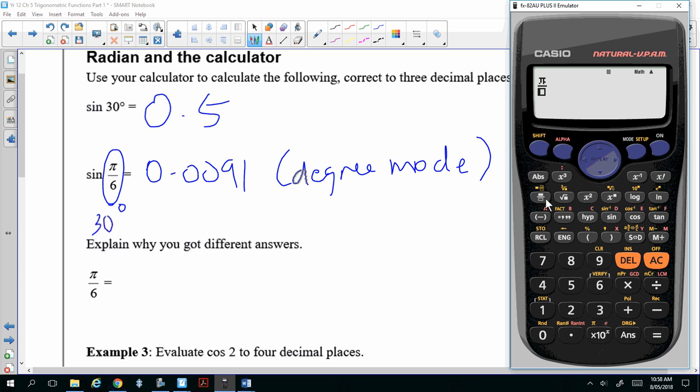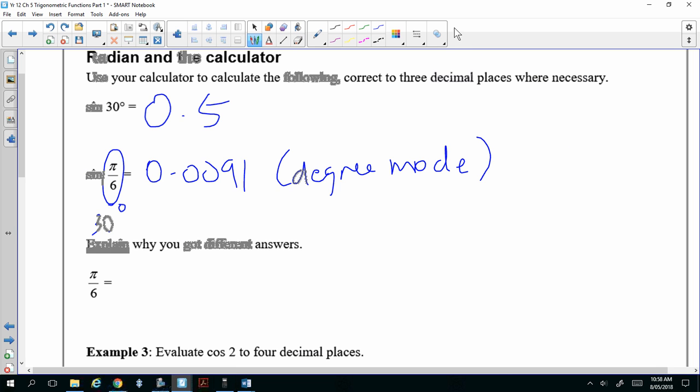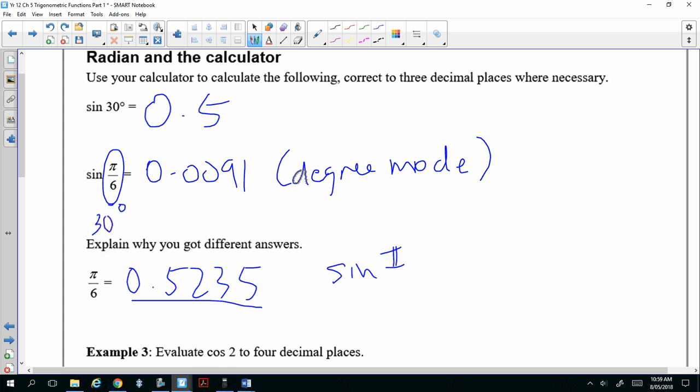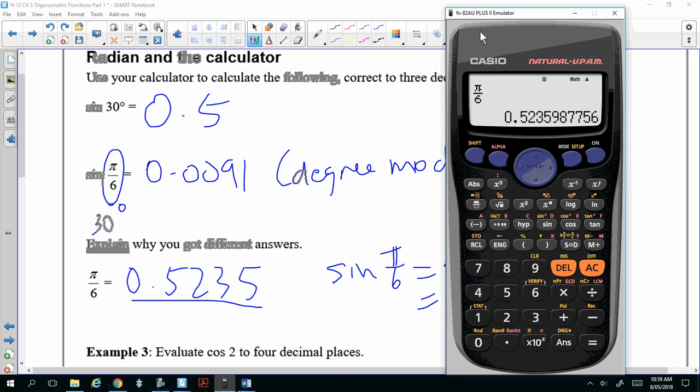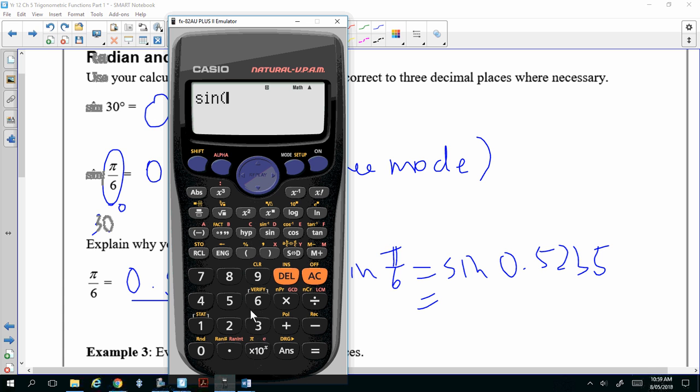So the calculator calculates what pi over 6 is, converts it to 0.5235, and then calculates sine of 0.5235. And if you do that on a calculator, it gives you 0.0091.